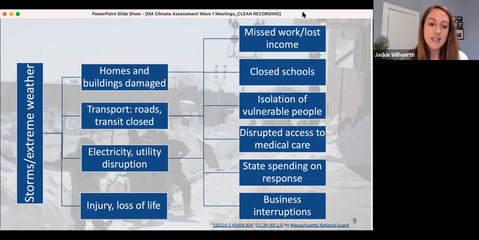There's also state spending on response, in addition to individual spending, and again, business interruptions. And finally, we have the injury and loss of life that's a potential during these extreme events.